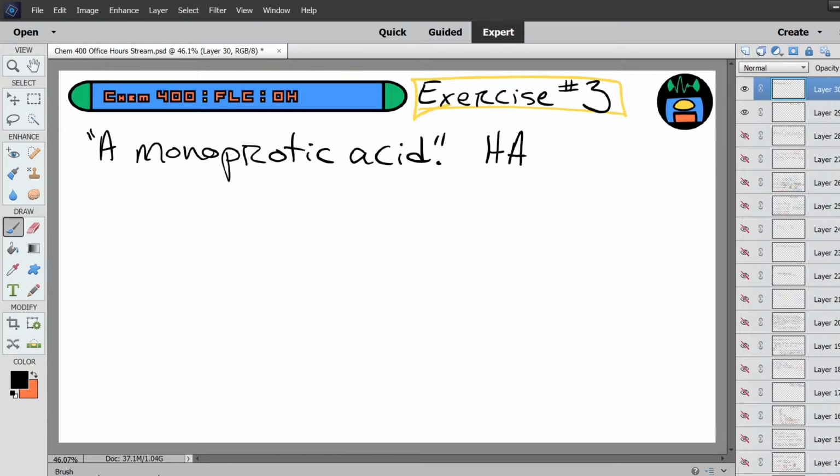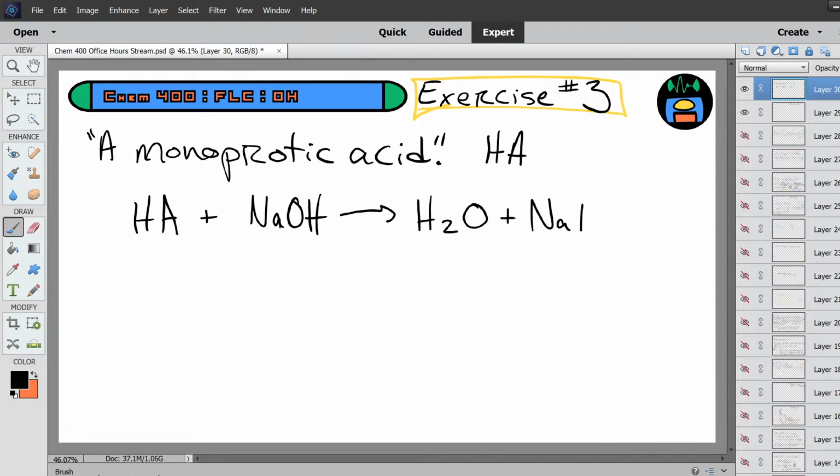So if you have a monoprotic acid named HA reacting with sodium hydroxide, that means it will produce water, H2O, and the salt, NaA. And so the point here is in the balanced chemical equation, there is a 1-to-1 ratio between HA and sodium hydroxide, and that is what you need to solve that problem.